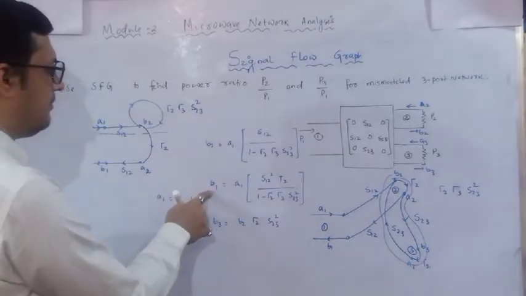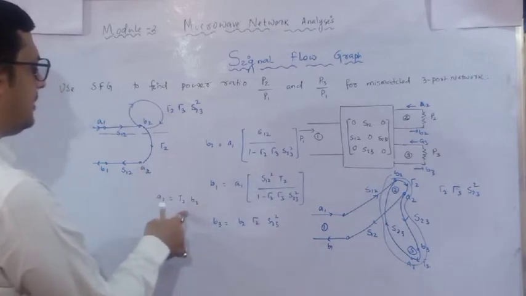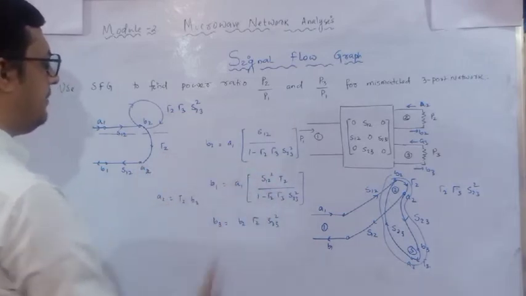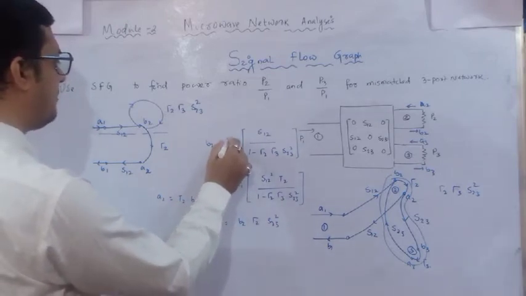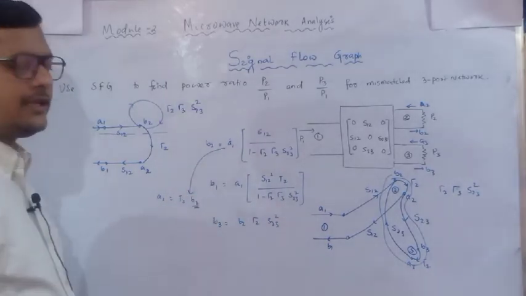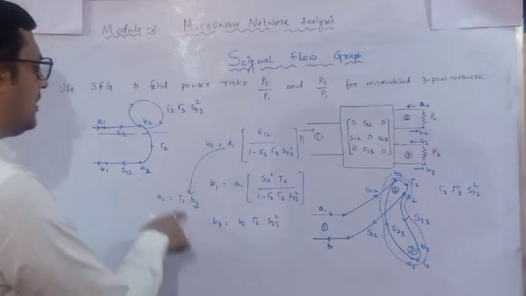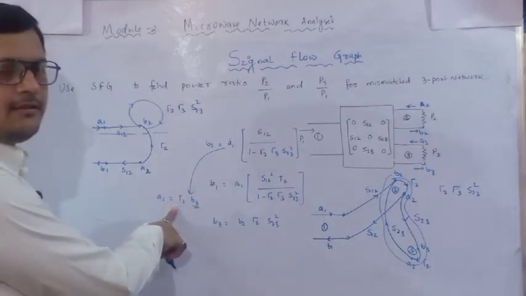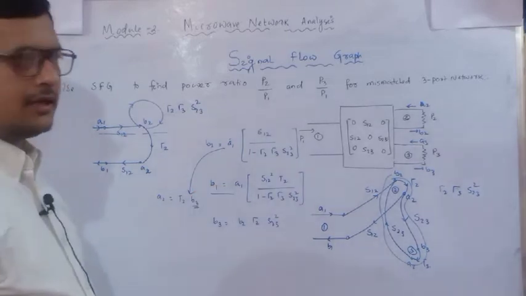Now B1 is equals to how much? A1 into S12 square, reflection coefficient 2 square divided by 1 minus this much. So that means in place of B2 I have substituted this value here. So if I substitute, then S12 square will come, and then B2 is multiplied with respect to reflection coefficient 2, and we will achieve B1 in terms of A1.